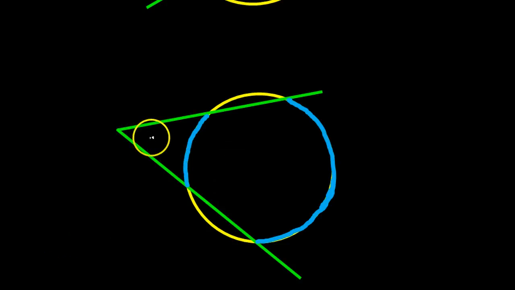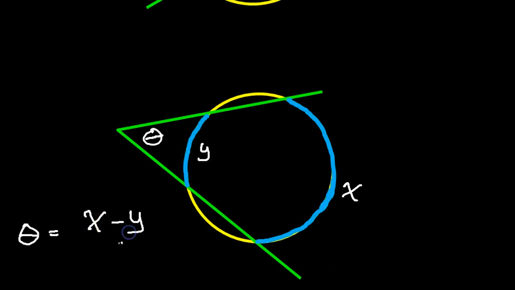When you have an angle outside of the circle, that's a different angle relationship. Outside, we have a big arc and a small arc, and this time it does matter, because the relationship is this: the angle is equal to the big arc minus the small arc divided by 2.